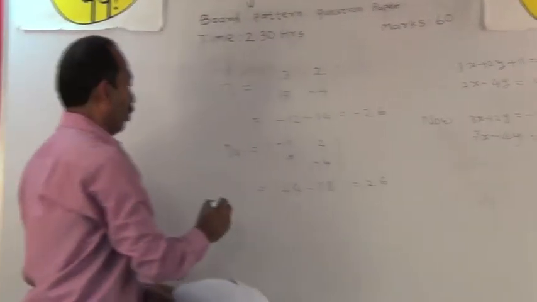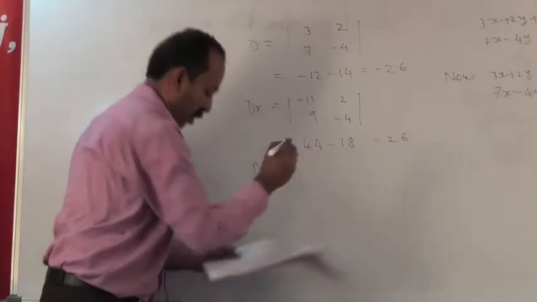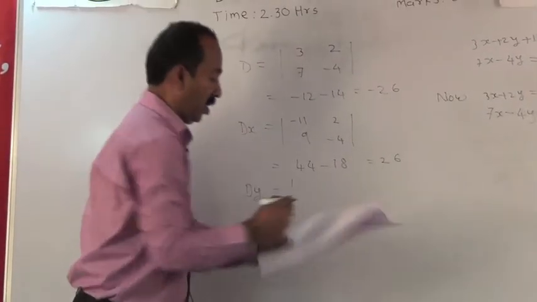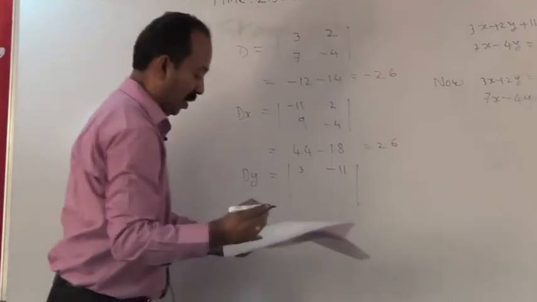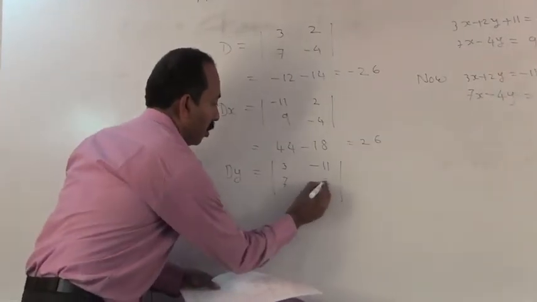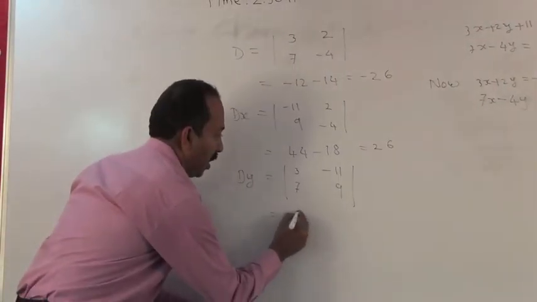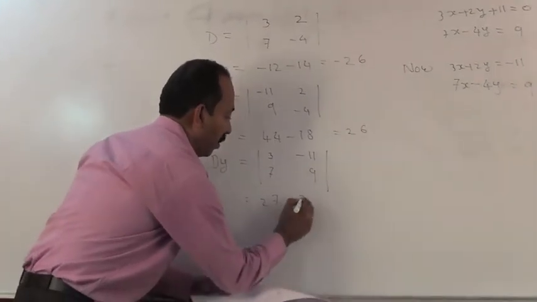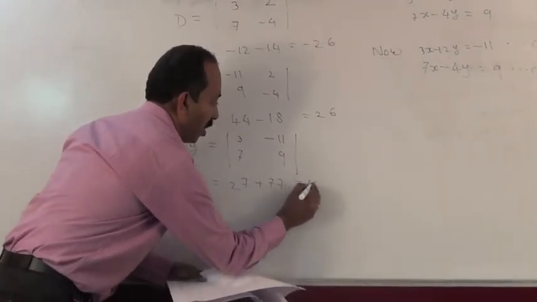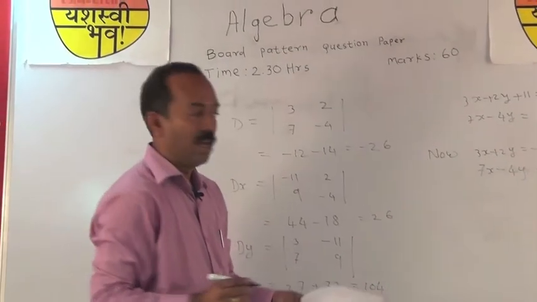Now let us calculate the value of Dy. Dy is equal to |3, minus 11; 7, 9|. After solving this, we will get 27 plus 77, which is nothing but equal to 104. Now let us calculate the value of x.